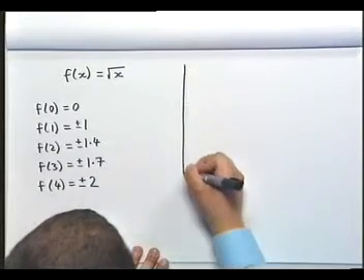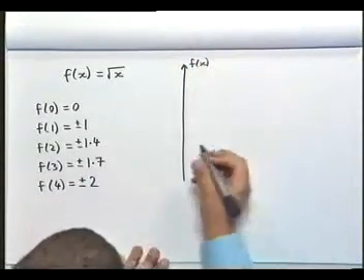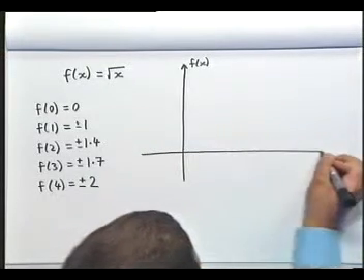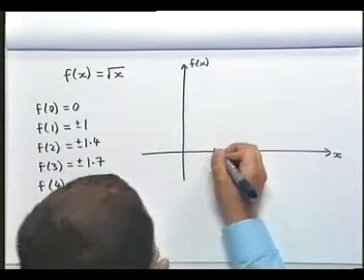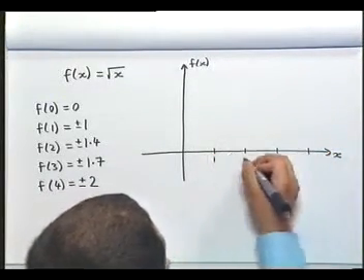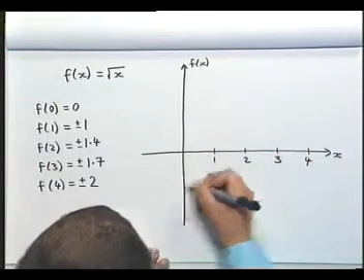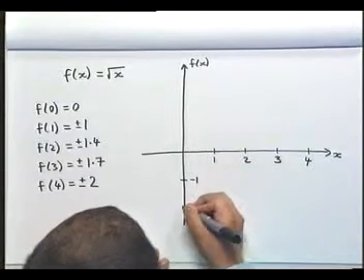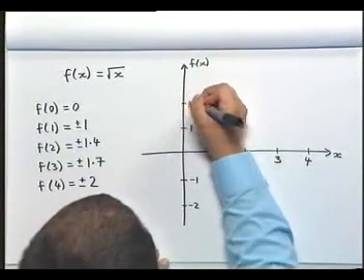So if we take our f of x axis, vertical again, and our argument axis, x, horizontal. We've got 1, 2, 3, 4. And on our vertical axis we have minus 1, minus 2, plus 1, plus 2.